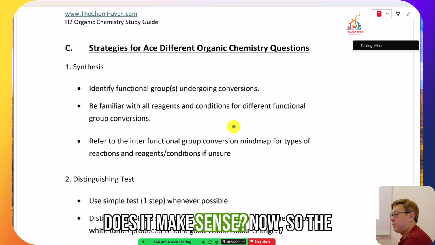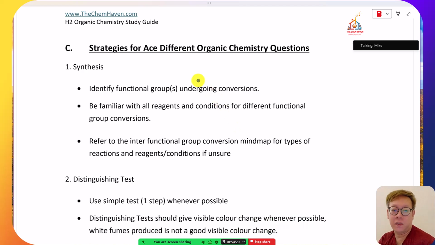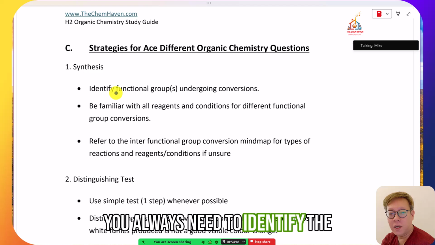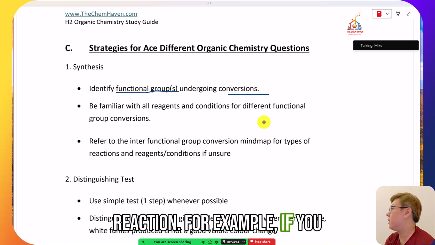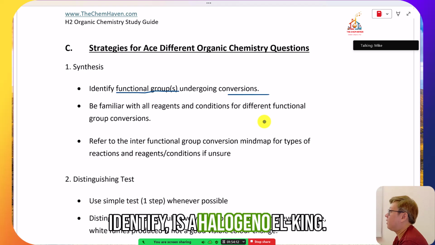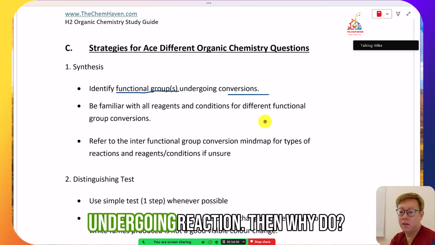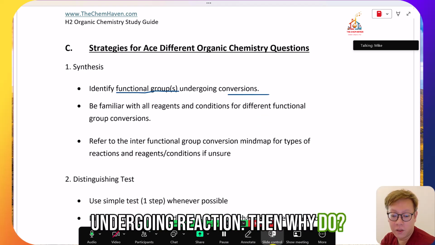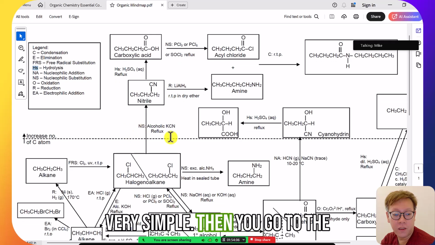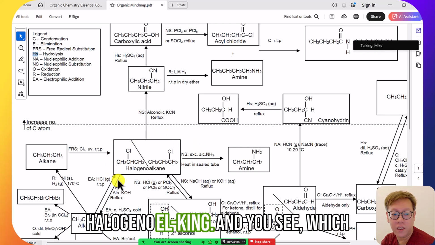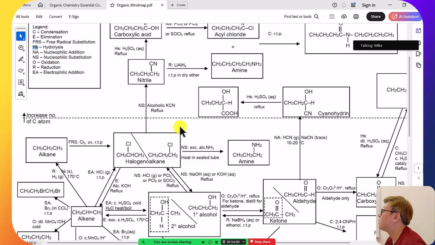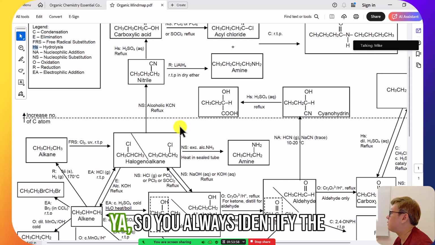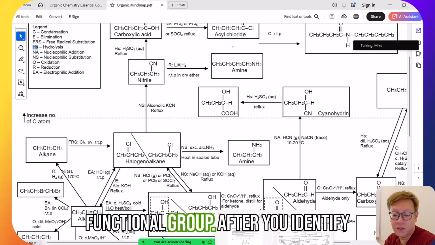Now, for the synthesis one, you always need to identify the functional group undergoing the reaction. For example, if you identify a halogenoalkane undergoing reaction, then very simple, you go to the halogenoalkane and you see which one of the reactions it is. So you always identify the functional group.